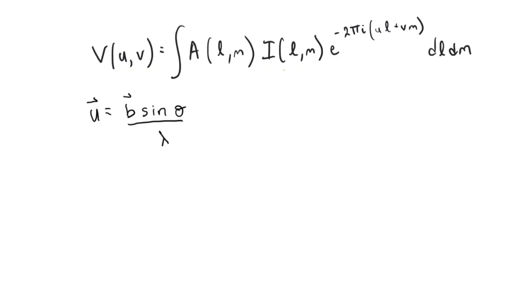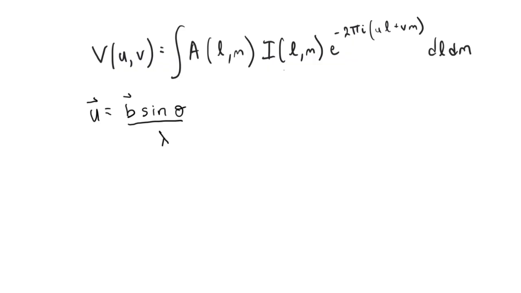So we've already mentioned that U, or again the U vector, is the UV in the exponential of the visibility equation. U is a function of the observing wavelength. So we wrote down this definition for U a little while ago. It's the baseline vector B times sine theta, the angle between the baseline vector and the source that you're observing, divided by lambda, the wavelength of the radio waves you're measuring.